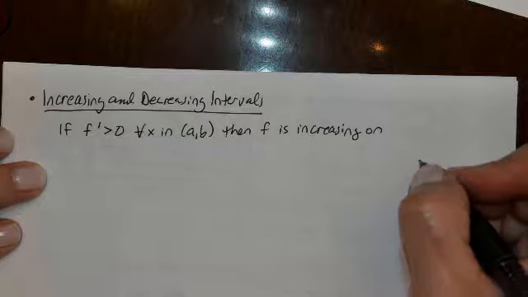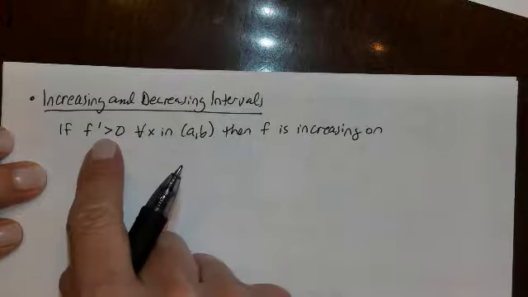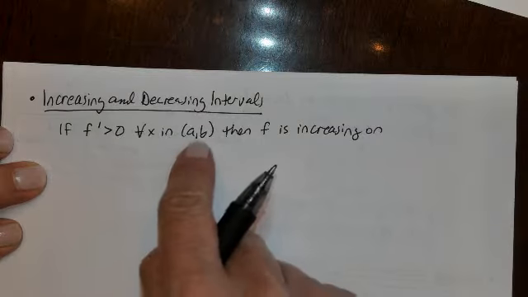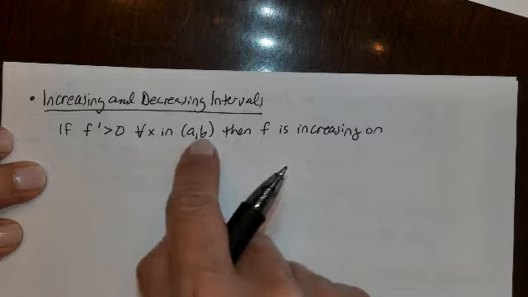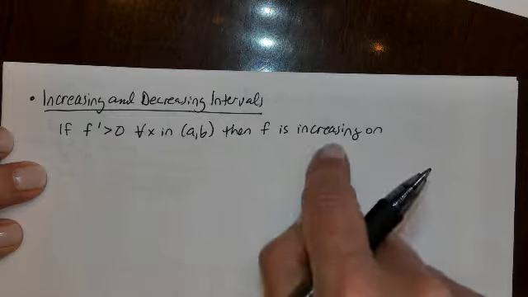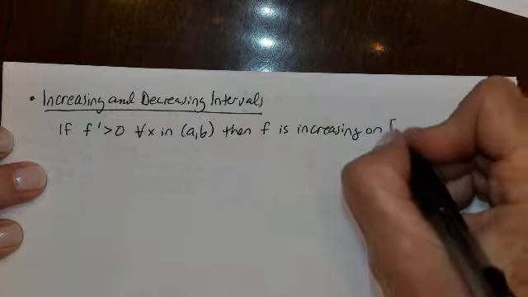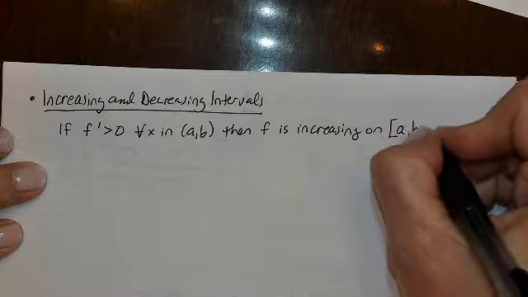Okay, now pay attention here. If f prime is increasing on this open interval a to b, then f is said to be increasing on the closed interval a to b.